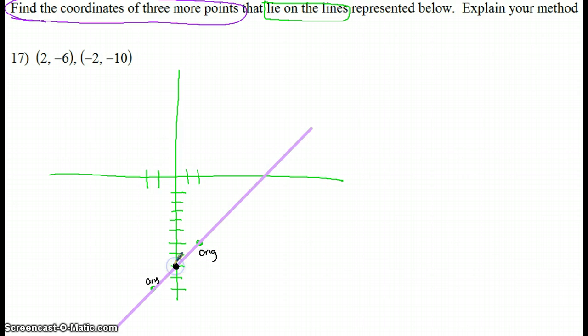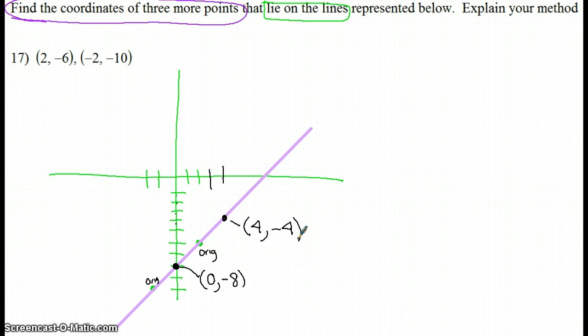Right here seems like a really great point. I know that the coordinates of this are 0 on the x, -8 on the y. I can also find another point right here, which is going to be 4 on the x, -4 on the y.